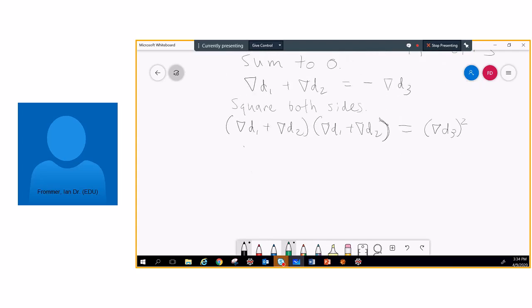All right, I'm going to expand this side, or FOIL it. So gradient D1 squared, plus 2 times gradient D1 dot gradient D2, plus gradient D2 squared equals gradient D3 squared. All right, it looks like this looks wrong here. That was supposed to be a 2. So I think it auto-corrected that into a 3 or something.